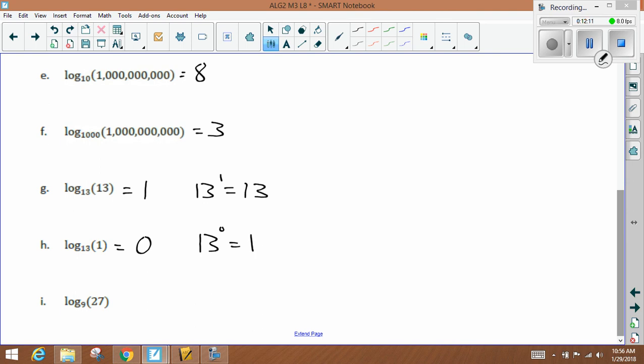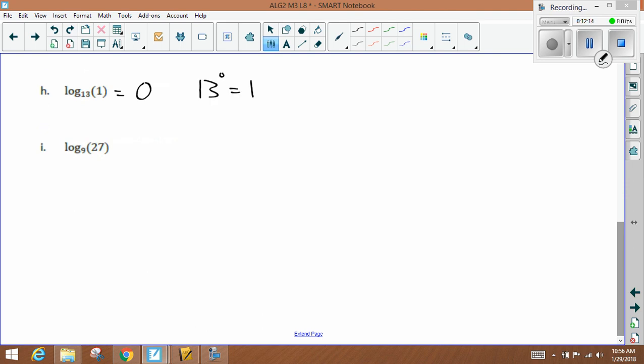And this one is really weird. Log base 9 of 27. So 9 to what power is 27? Think about fractions. I know, I'll go back to it. It's in a different order than it is in your module. So hey, isn't 27 the square root of 9 cubed?